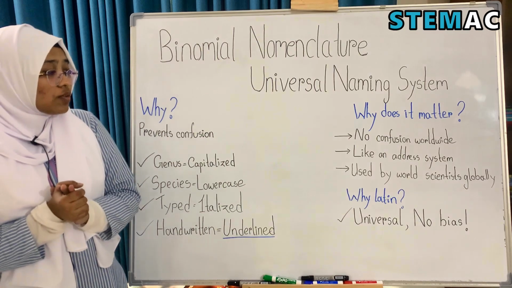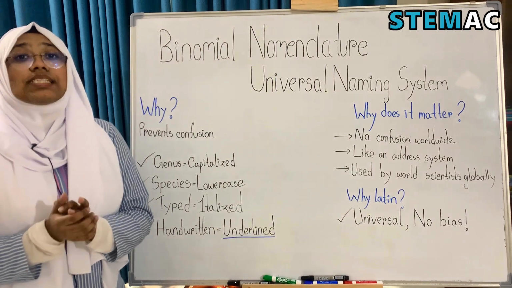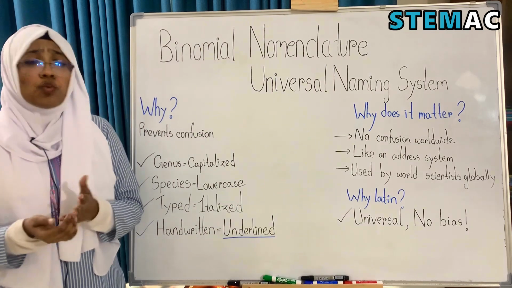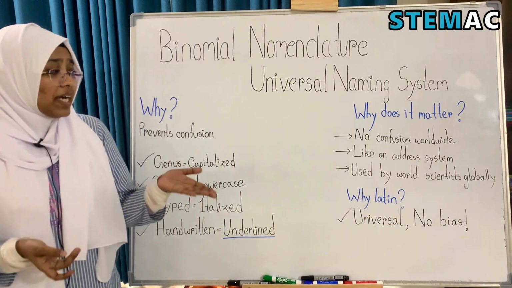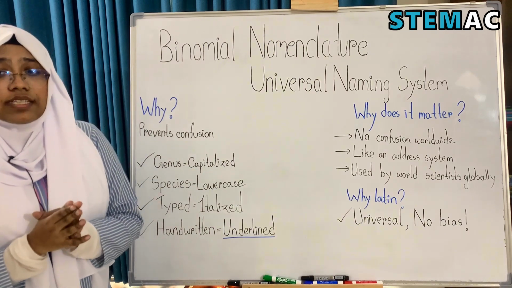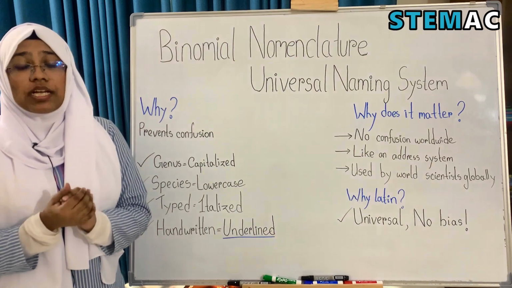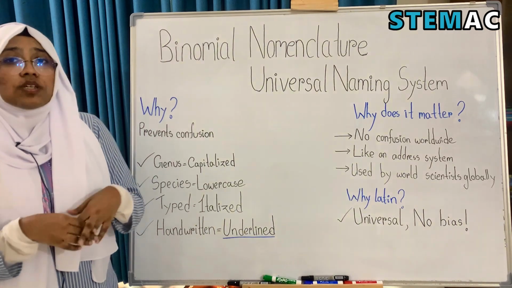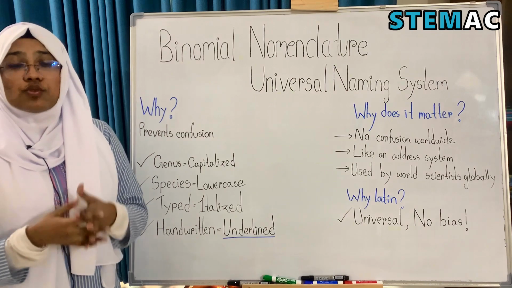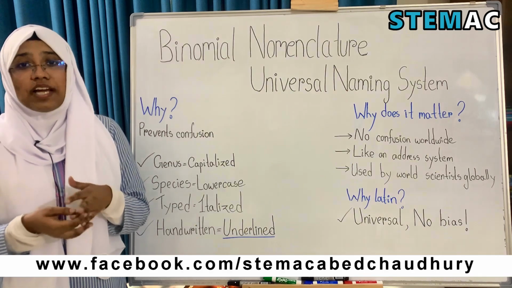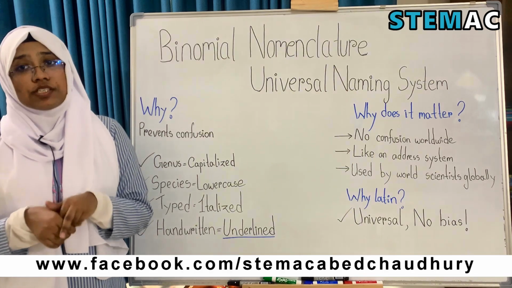Now, we know that this naming system is in Latin, right? But why is it Latin? Were they biased towards Latin? It was not like that. At the time when Carolus Linnaeus created this nomenclature system, every scientist in Europe used Latin. Even though their native languages were different, they could understand Latin easily.